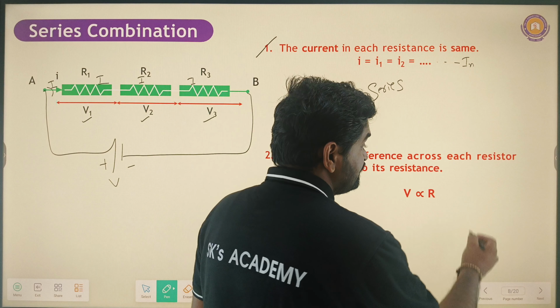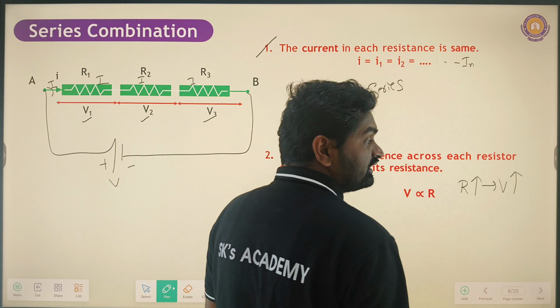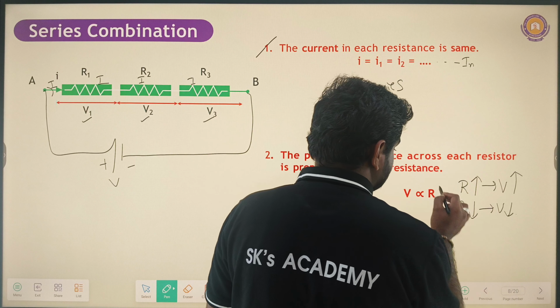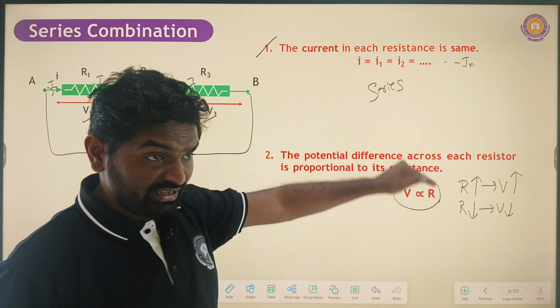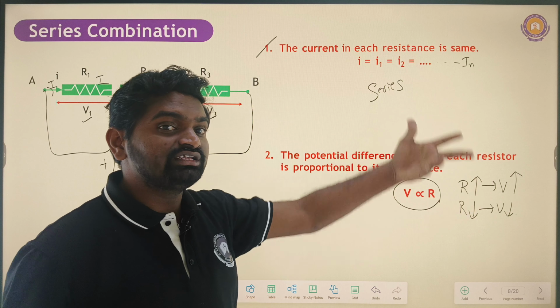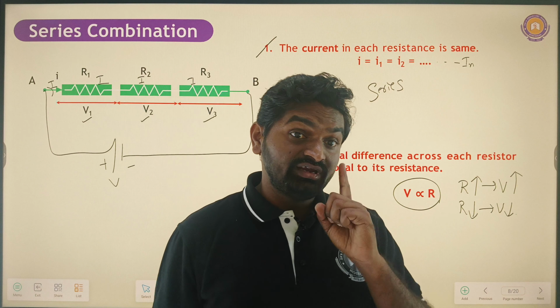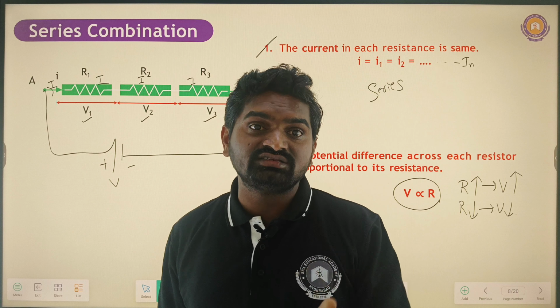Directly proportional means if resistance increases, voltage also increases. If resistance decreases, voltage decreases. Clear? This is an important topic. In series connection, voltage will be changing, current is always constant.